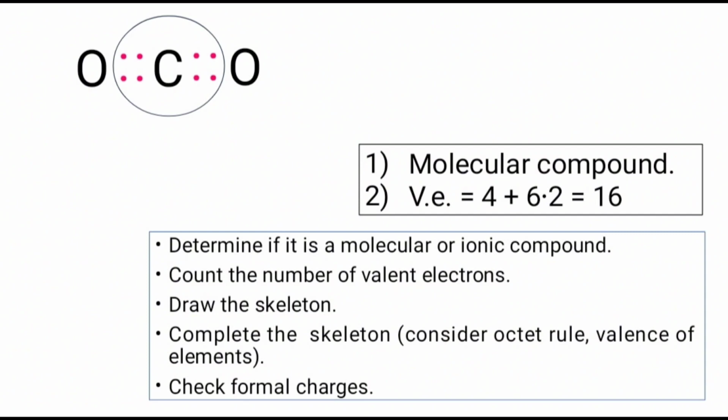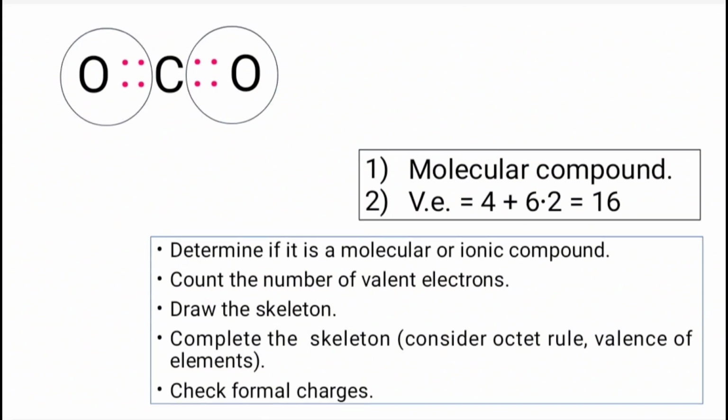About oxygens, we see that now around each oxygen there are 4 electrons, and 4 electrons means 2 bondings. Valence of oxygen is 2. Well, oxygen is bivalent, it is balanced 2, so valence is followed here, but we see that there are only 4 electrons. Octet rule is not considered.